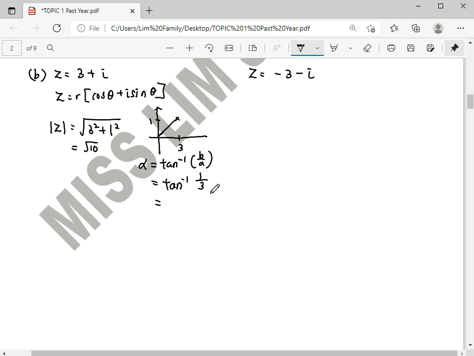Step by step we go. Okay, so they give you 0.32175, so I make it 0.3218. Okay, then only I come to theta. For first quadrant, theta is equal to alpha.